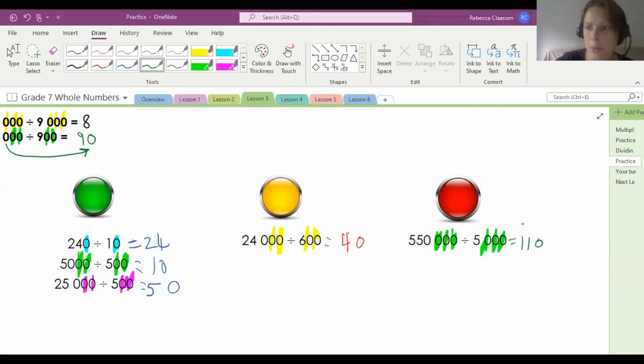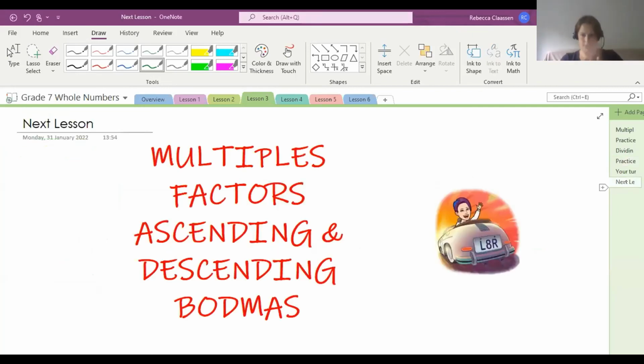Okay, guys, we are pretty much out of time, before I hand over to Teacher Coco. I know this lesson has flown by. Next week, Wednesday actually, we're going to look at multiples and factors, just what they are. And then the words ascending and descending, because some people struggled with that in the quiz last week.